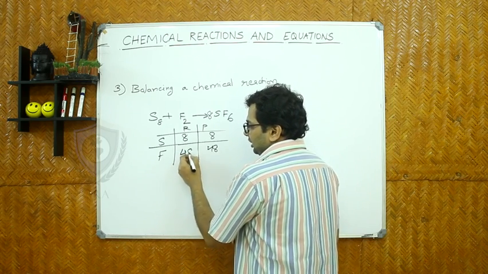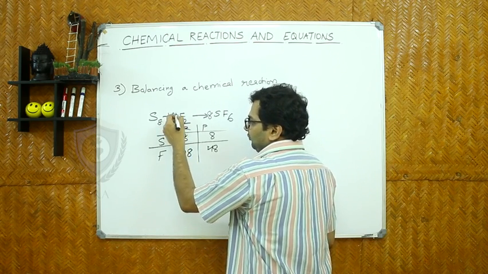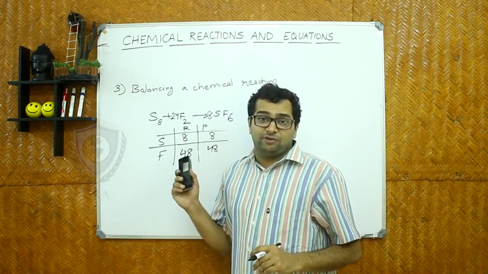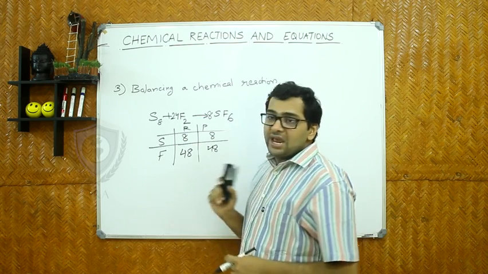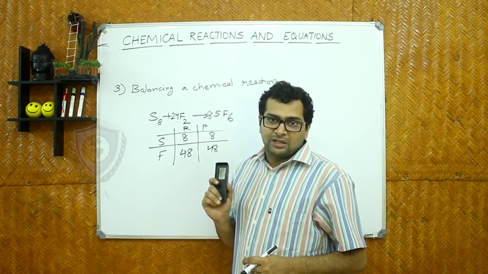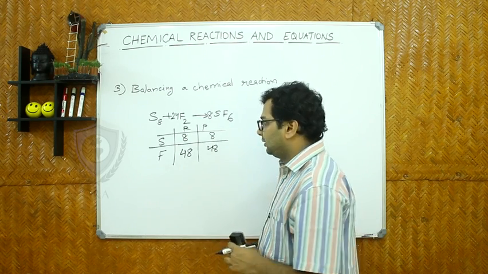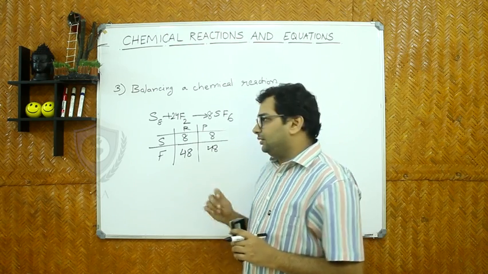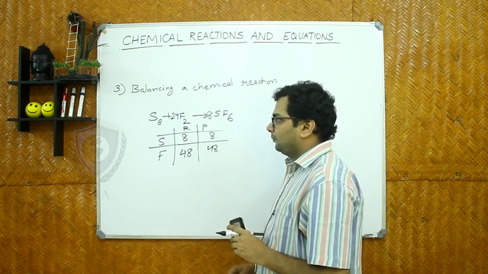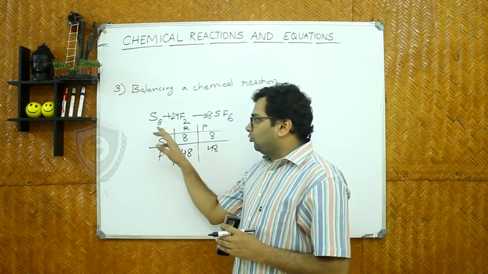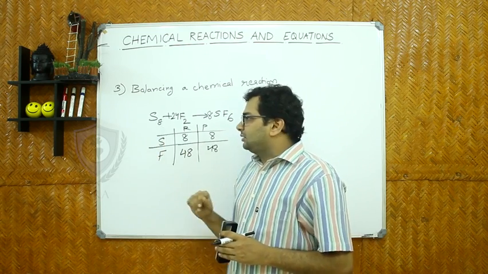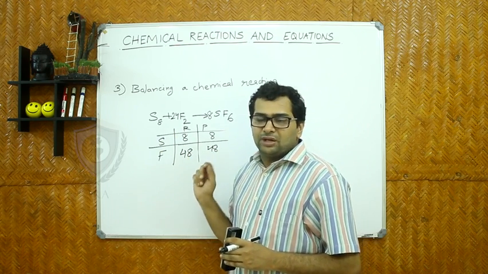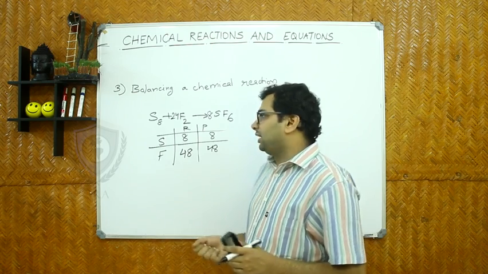Here you have 48, so you make it 24 here. So S8 plus 24F2 makes 8SF6, sulfur hexafluoride. So what we are looking at is 8 atoms of sulfur plus 24 molecules of fluorine forming sulfur hexafluoride.